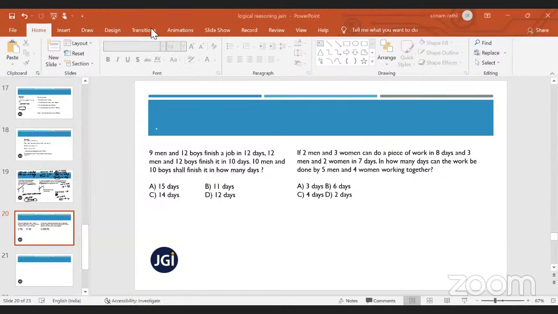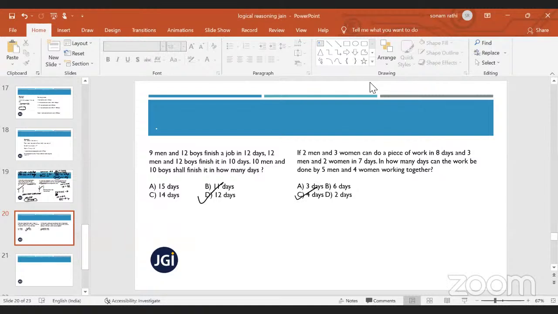Very good, Pranita. First answer is 12. Second answer is 4. Right? Yes, first answer is 12. Second answer is 4.